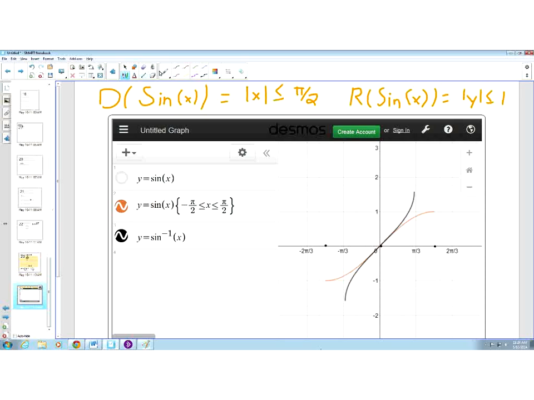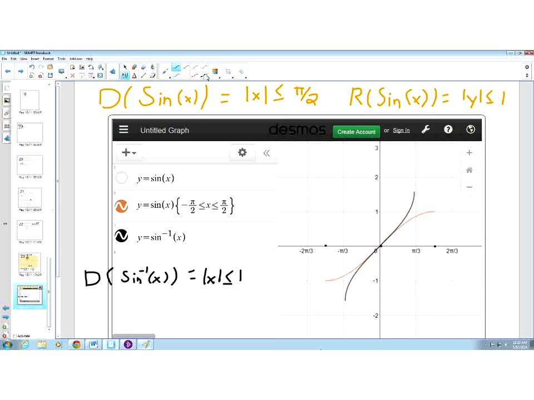Now, how about the inverse? The domain of the inverse sine function, and I'm using uppercase, is simply what we do is flip the domain and the range. That is, the absolute value of x is less than or equal to 1.